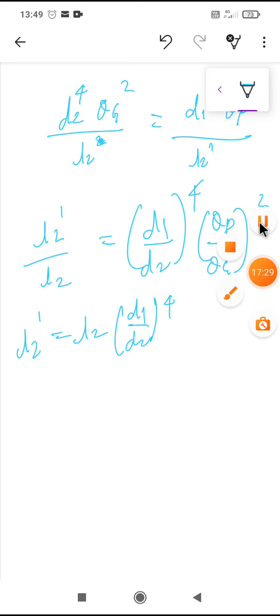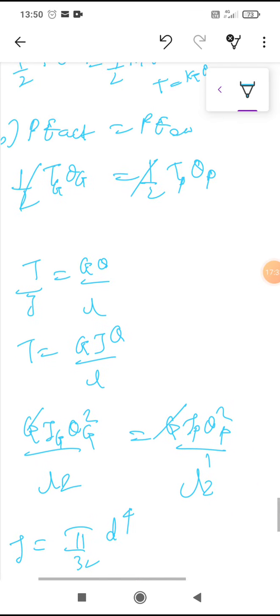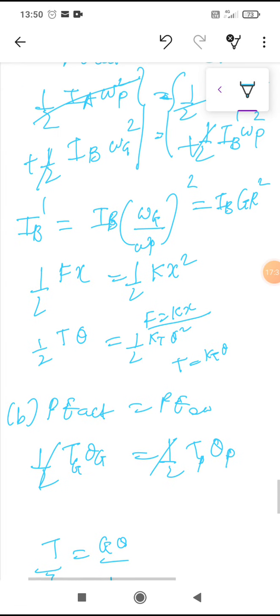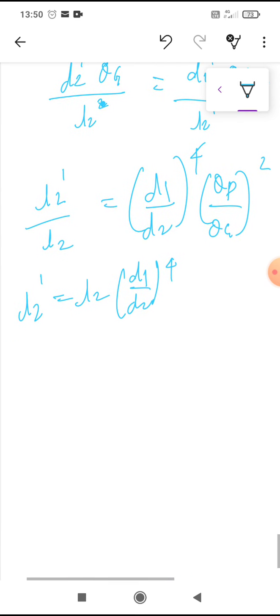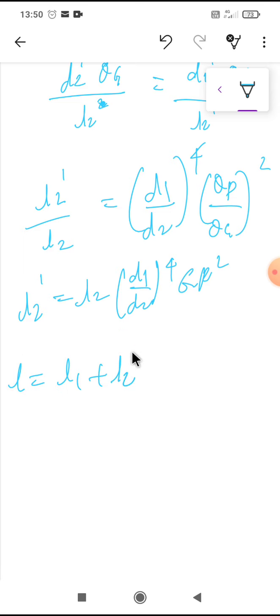Now what is θp by θg? As we have defined, ωg by ωp is the gear ratio. So similarly the ratio of θp by θg will also be the gear ratio, so that will be GR square. So here the total length L will be equal to L1 plus L2 dash.